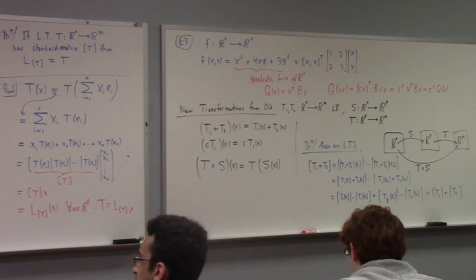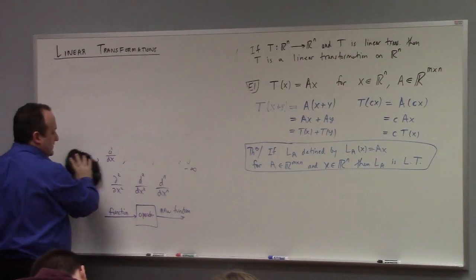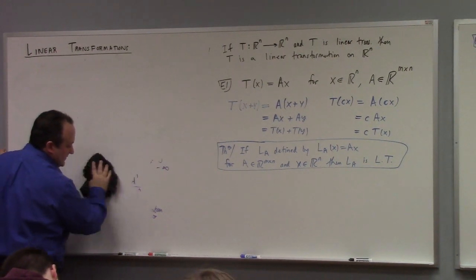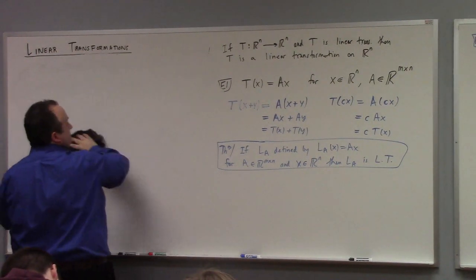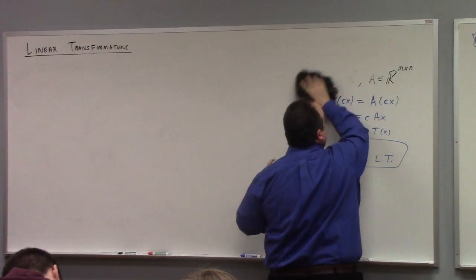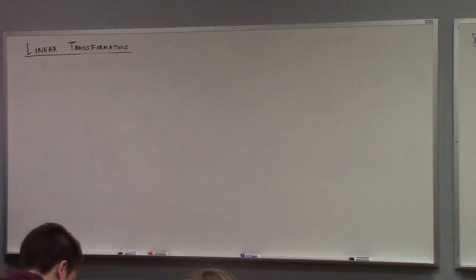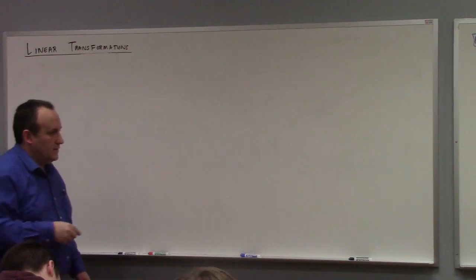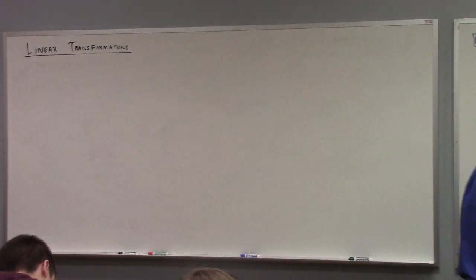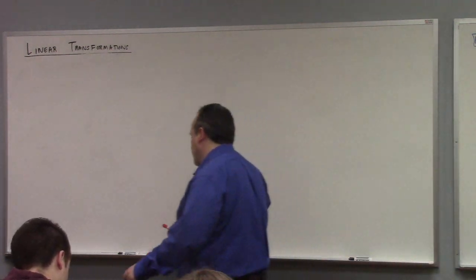What about composition? How's that work? Let's work that out. What is the standard matrix of the composition of two linear transformations? How do we understand that? Let us work it out. How do we find the formula of the standard matrix for a linear transformation?